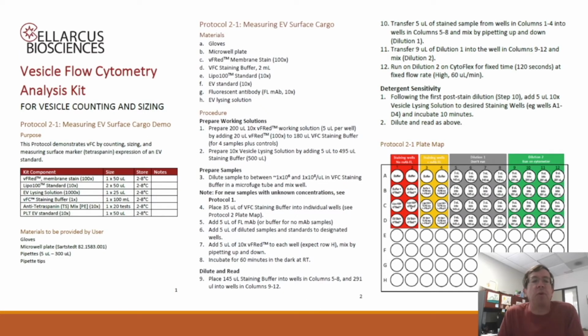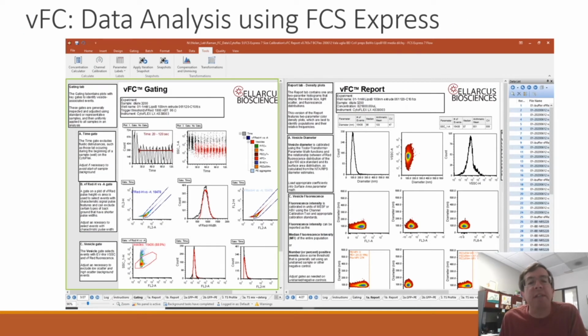In its commercial form, the vesicle flow cytometry assay contains a detailed protocol for assays, which are all performed in 96 well plates. This is to encourage reproducibility. Likewise, the data analysis is very standardized.